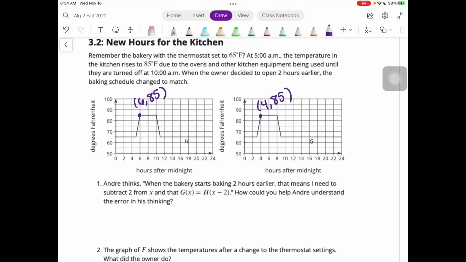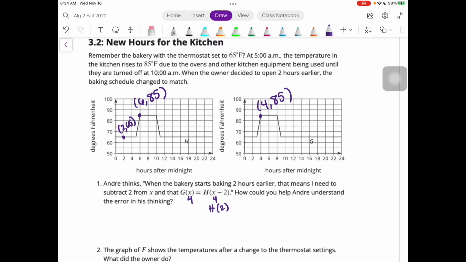4, 85. And so if I plug in 4 here, well, that would be H of 2, and H of 2 is actually over here at 65, and I don't get the same output.